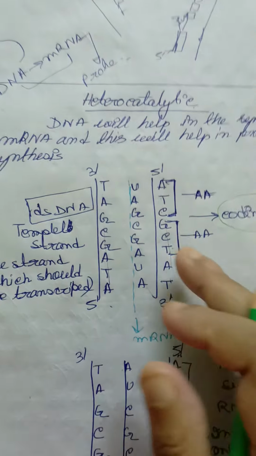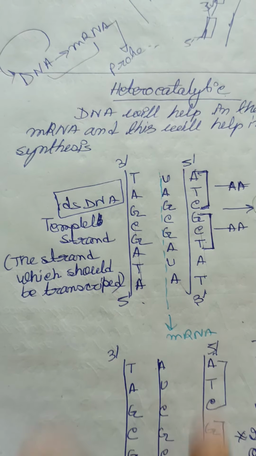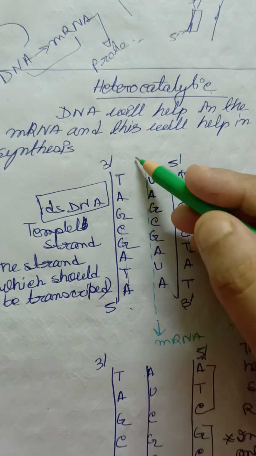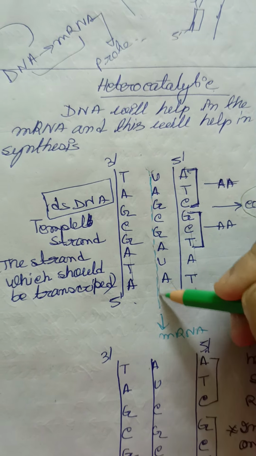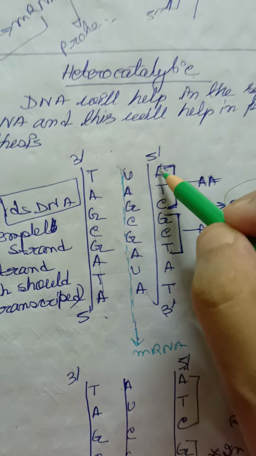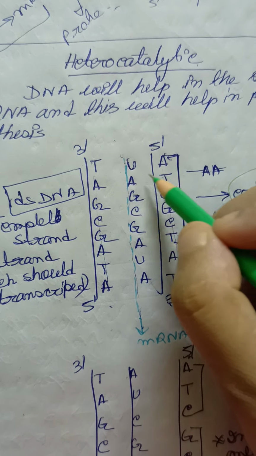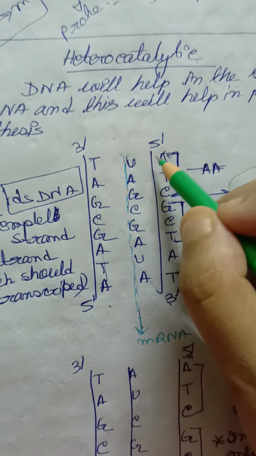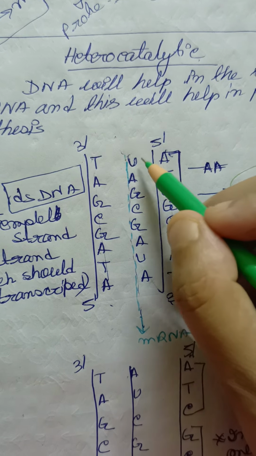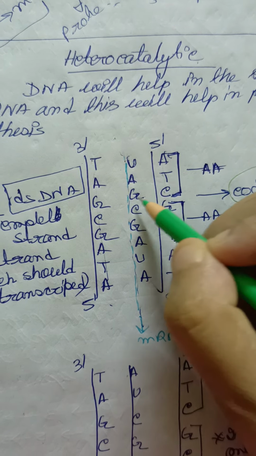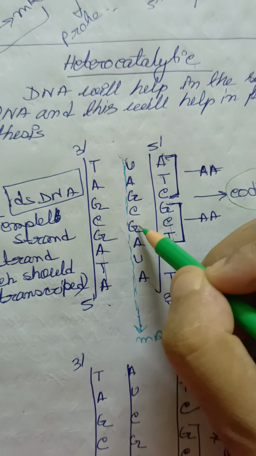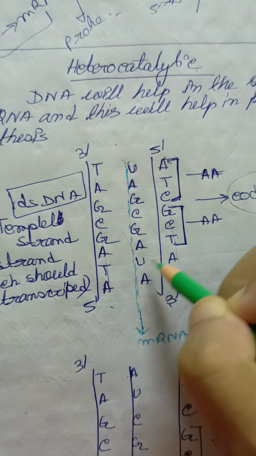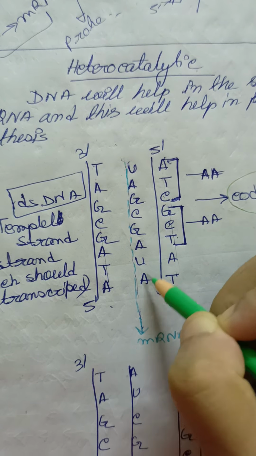Now we know from DNA mRNA will be synthesized, right? If one strand of mRNA is synthesized, what will be the code? A will code for U, because in RNA T is not there, so A will be U: T A C G G C C G T A, again U T A U. Why?